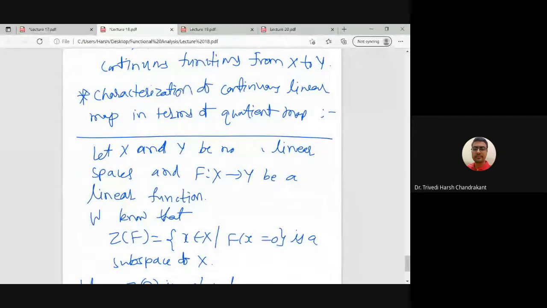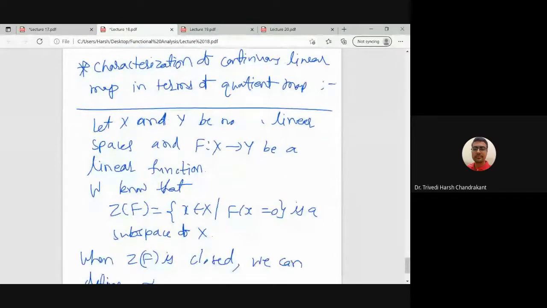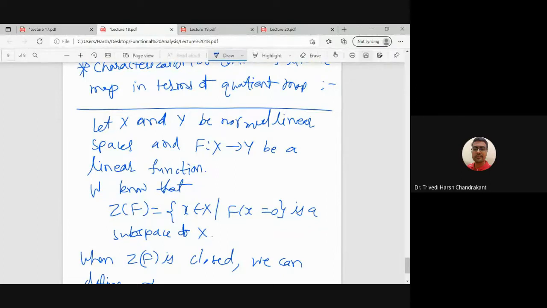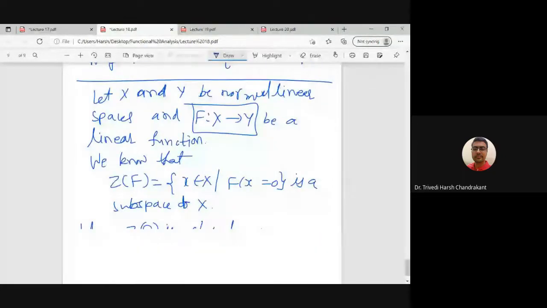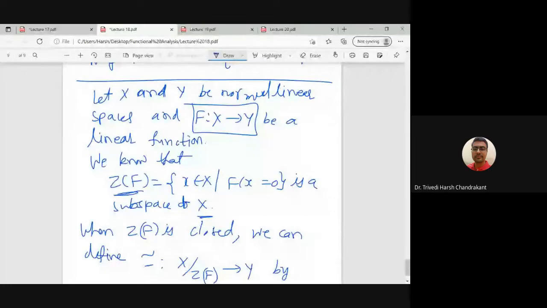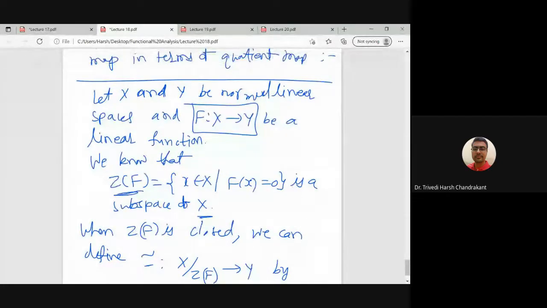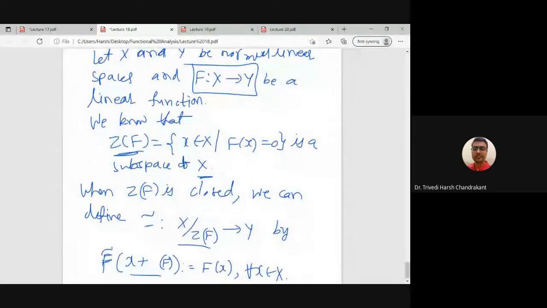So now we want to study the characterization of a continuous linear map in terms of the quotient map. Let X and Y be normed spaces, and f from X to Y be a linear function. Given a linear function, we can always associate a subspace of X, which is the zero set of the function, or the kernel of the function, because the function is a linear map, right?